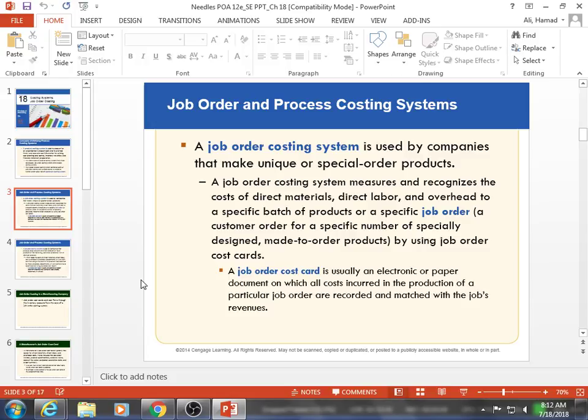Like this says here, job order costing is used by companies that make unique products. So you take the product usually and you divide it into projects. For example, building a house, the first project may be preparing the base, and then the second project may be building the skeleton of the house, just putting the wood and all of that.